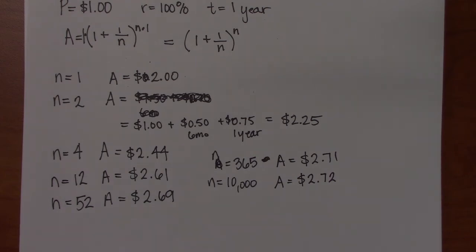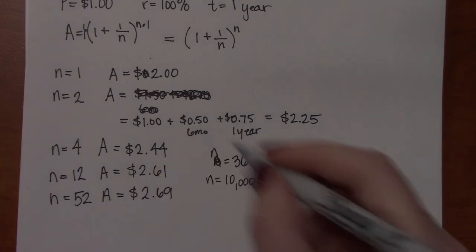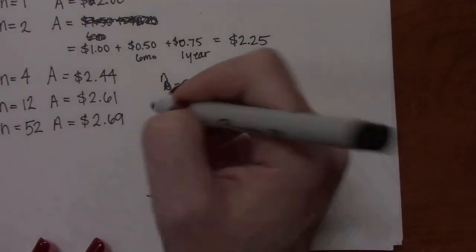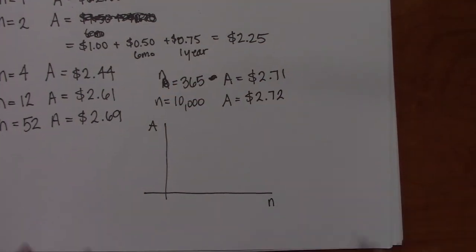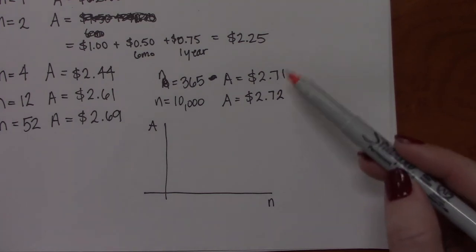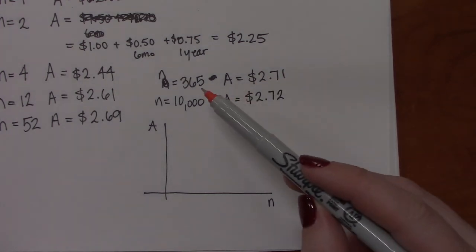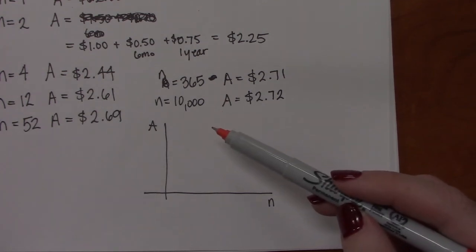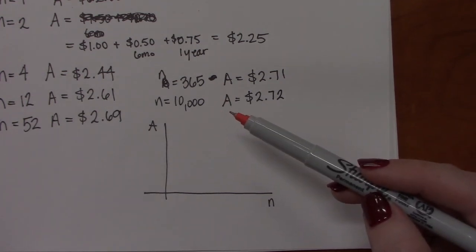And so if you were to graph these values, here's the amount of money, here's the number of times we're compounding it. They seem to be capping out, right? Because look what happened. You went from 365 times compounding to 10,000 times compounding, and you only gained a penny for doing that.